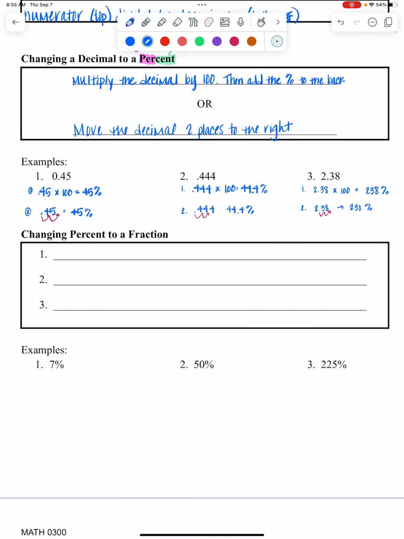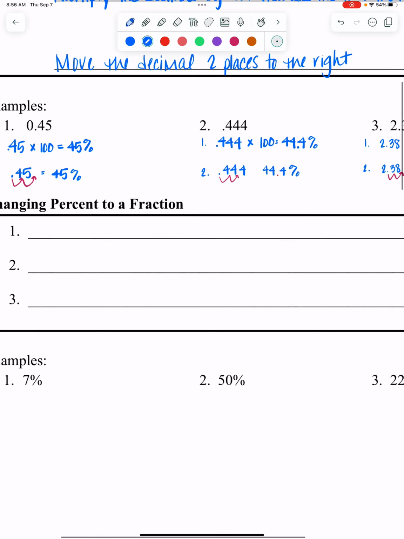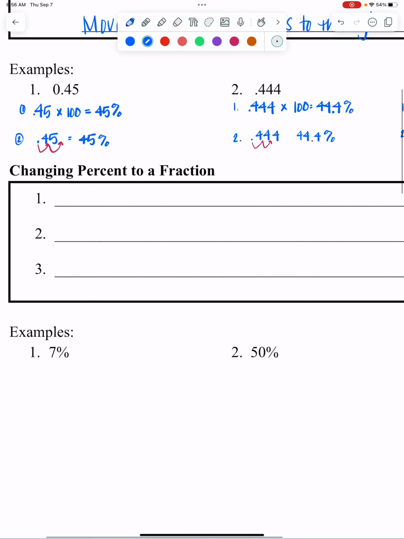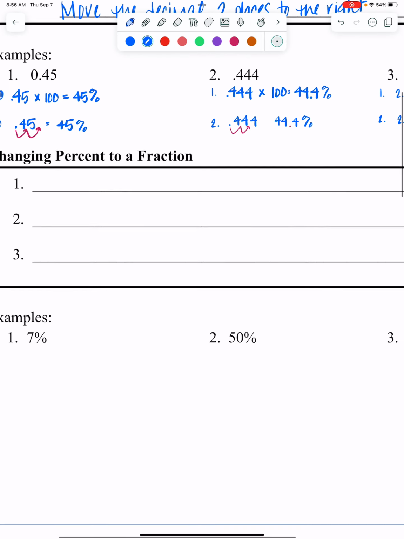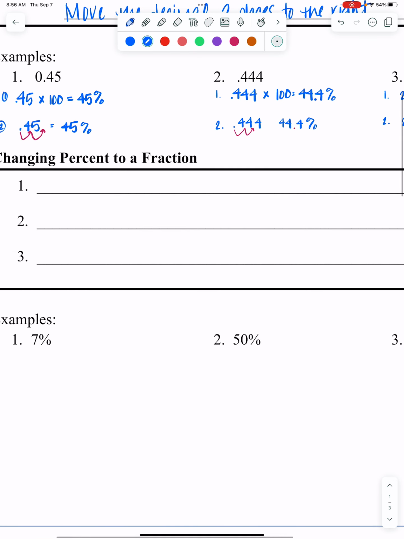Now let's say we want to take it one step farther and we want to change that percent to a fraction. So we are going to start off again with the idea of the percent. Percent means we're going to divide by 100. So first thing we're going to do is drop the percent sign.